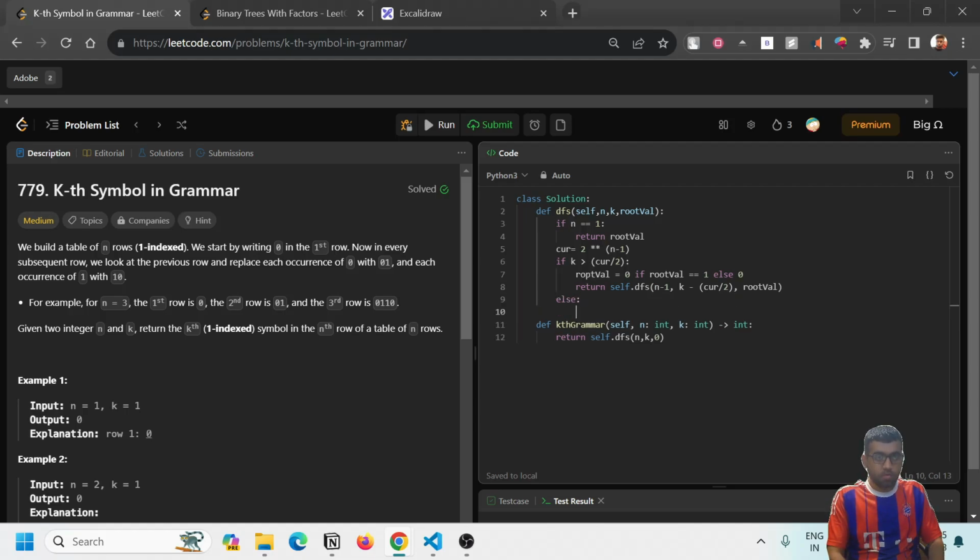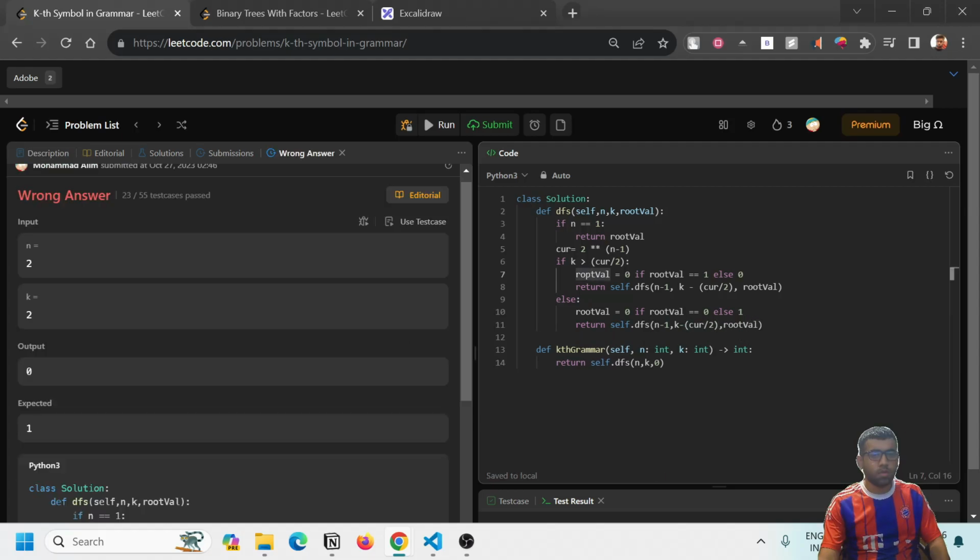Else, what we are going to do: root value equals 0 if root value is 0, else it equals 1, and we return self.dfs with n minus 1, k divided by 2, and root value.